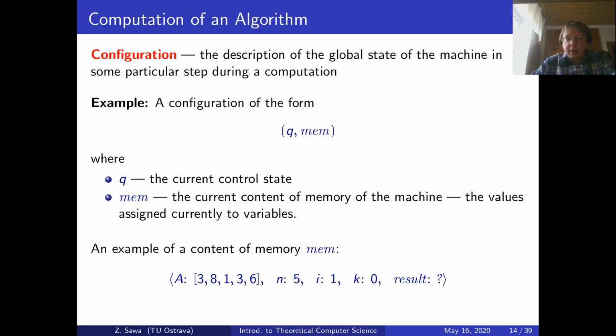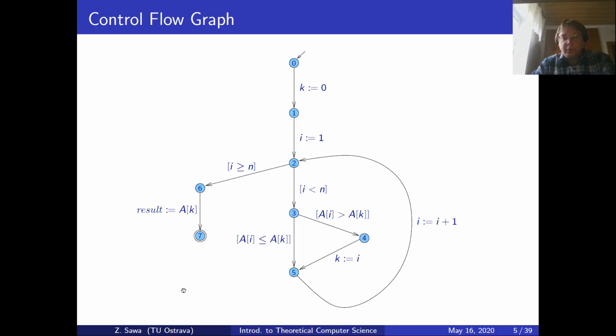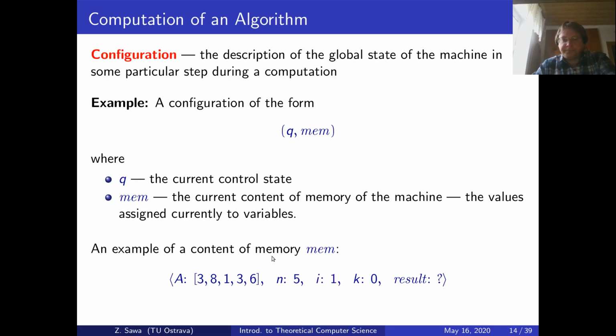So if this content of memory is organized into these variables, and we would like to represent this code, here we have variables like k, i, n, and array a. The content of memory can be like this, for example, it consists of these values.